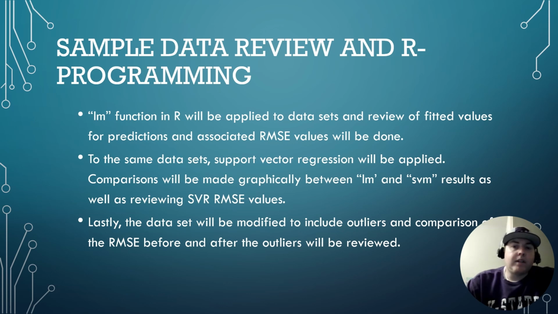Comparisons will be made graphically between the LM and SVM results within R, as well as reviewing the SVR root mean square error values. Lastly, the data set, we're going to modify it a little bit. We're going to introduce outliers, and we're going to do a comparison of the root mean square error values before and after the outliers are introduced.